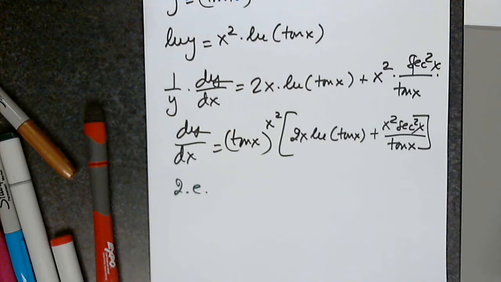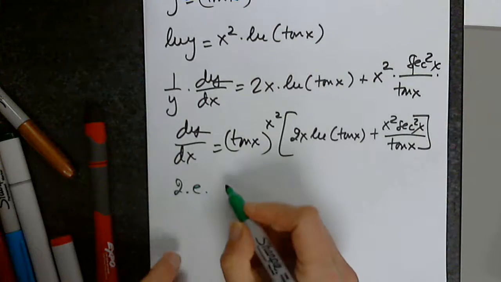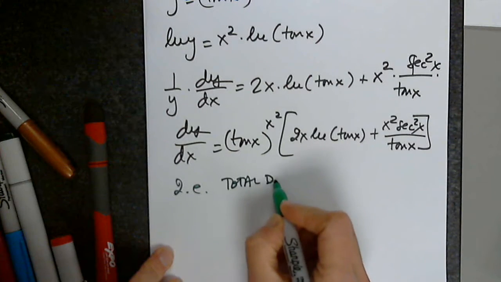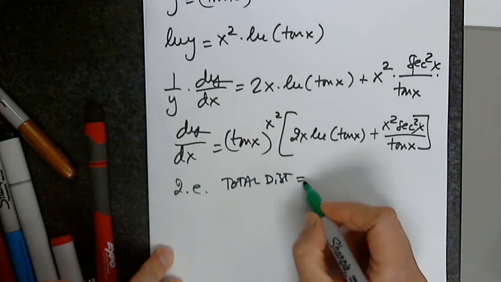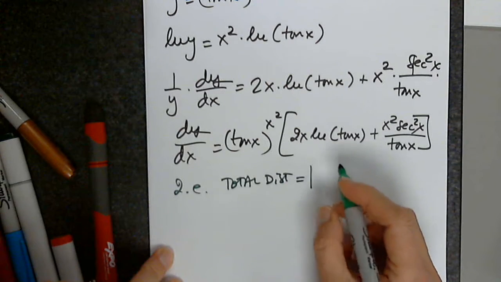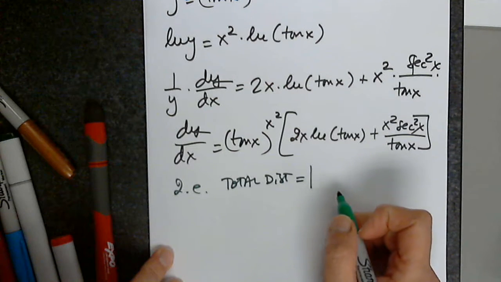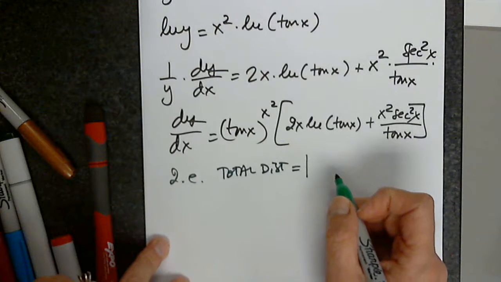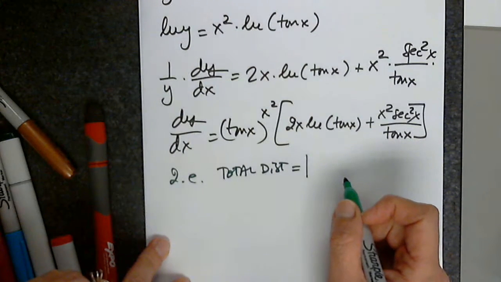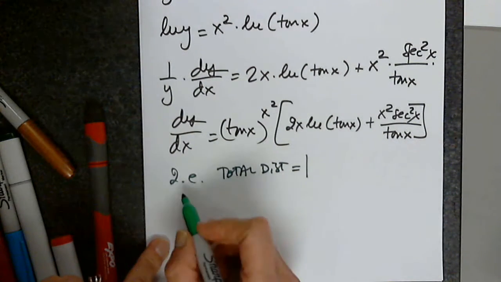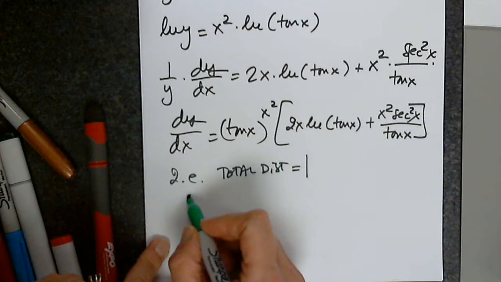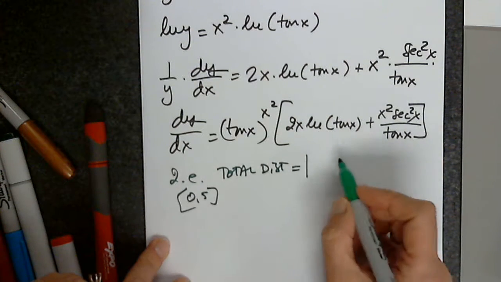The total distance, depending on what you did on the previous step, is the absolute value of, I don't remember, it was between 0 and 1 and 1 and 2, right? So we were asked the total distance between 0 and 5. So s of 1 minus s of 0, plus s of 2 minus s of 1, and plus s of 5.